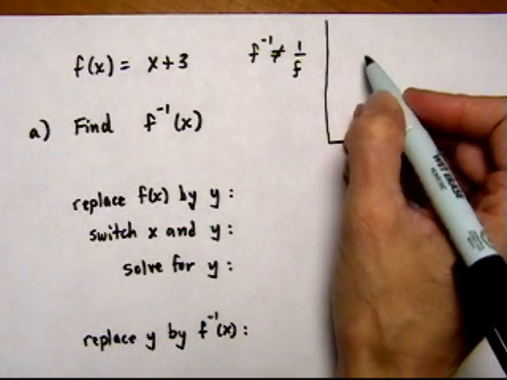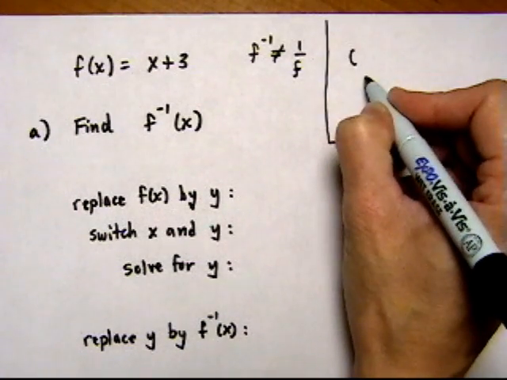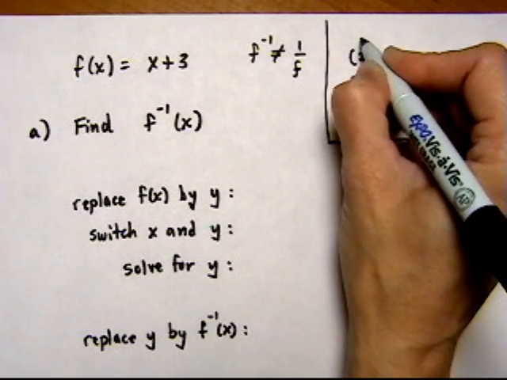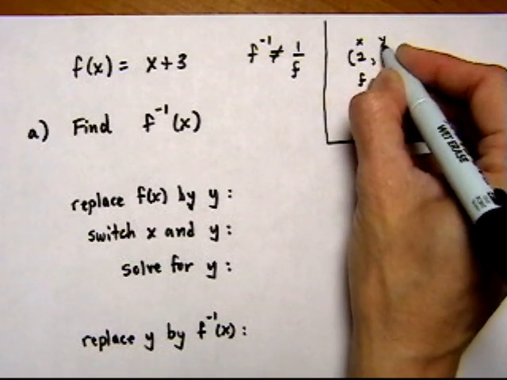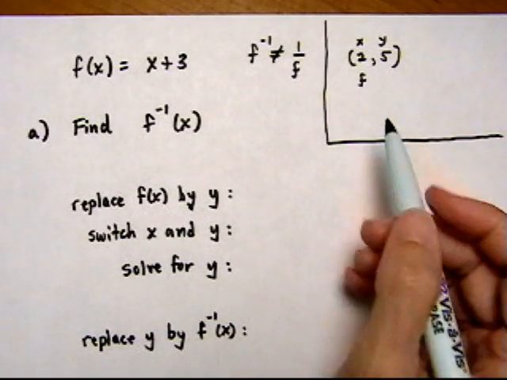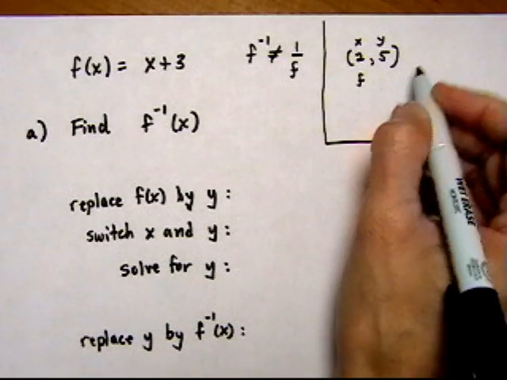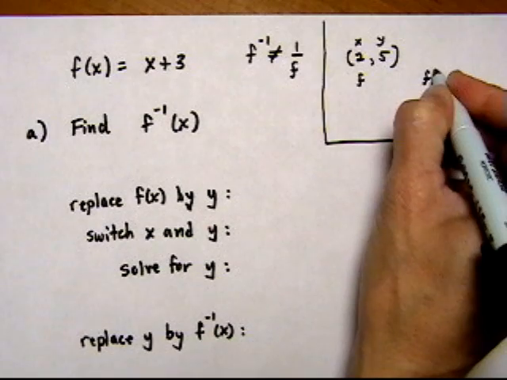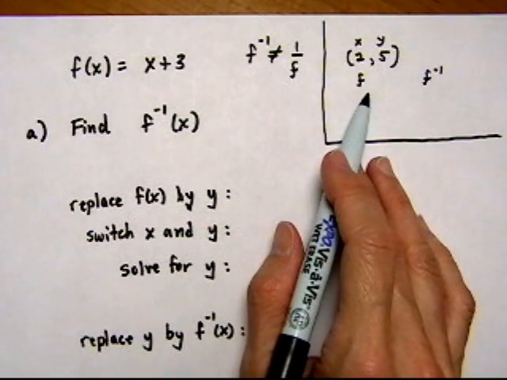If you had, let's say, a function f and you put into it a value of x equal to 2, and you got out y equal to 5, and then you put that into an inverse function. An inverse function will undo whatever the function did.